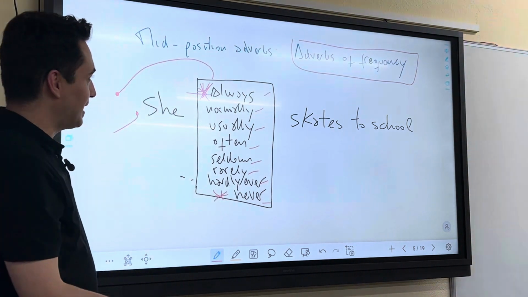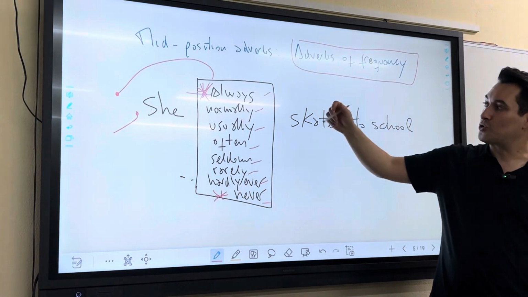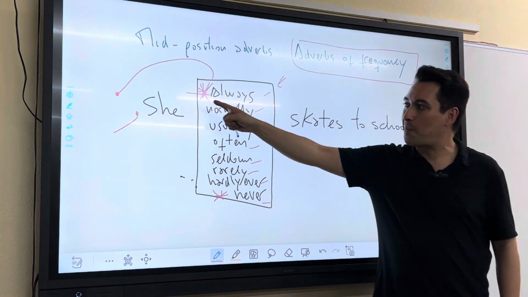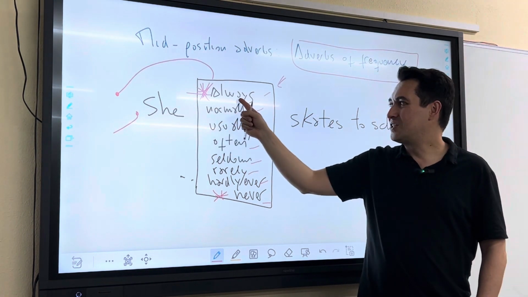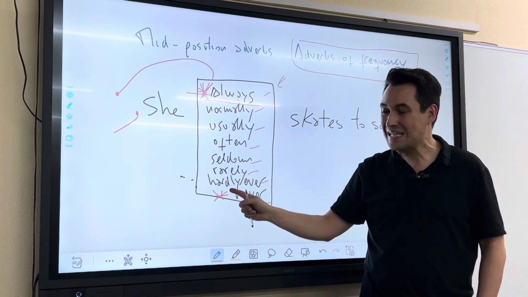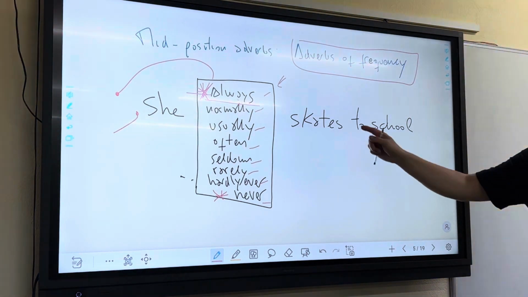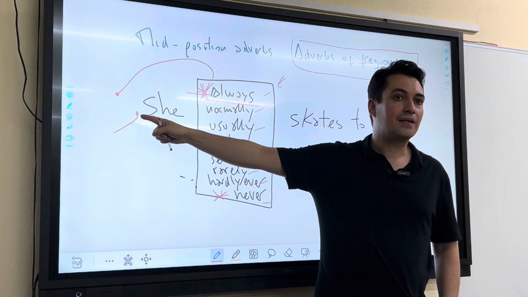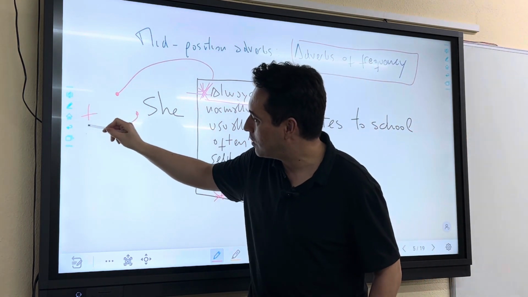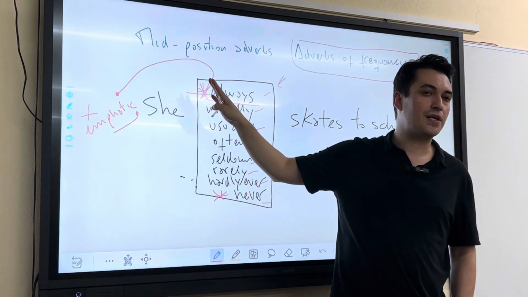What I'm trying to say is that the most natural position for adverbs of frequency is the middle position. Can you place them at the beginning? Not always, I mean, not this option, but the rest, yes, you can. And it's more emphatic. I will finish explaining this and then a round of questions.